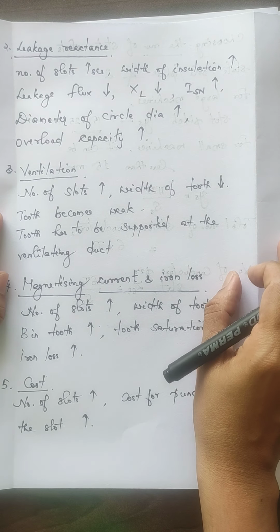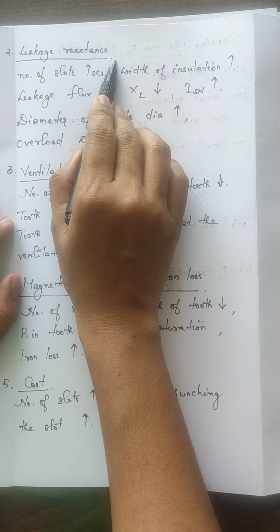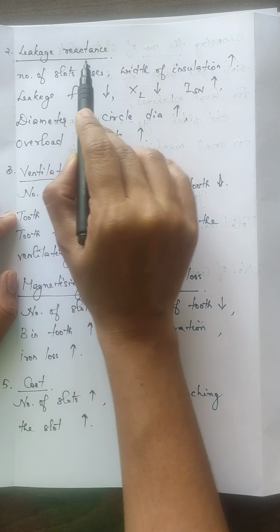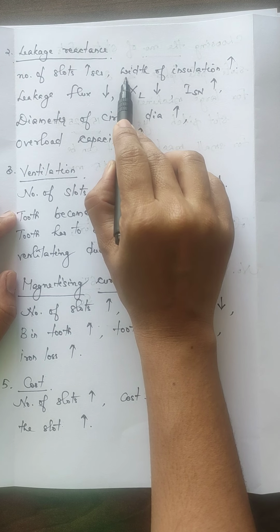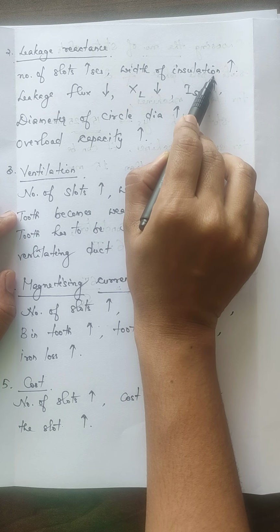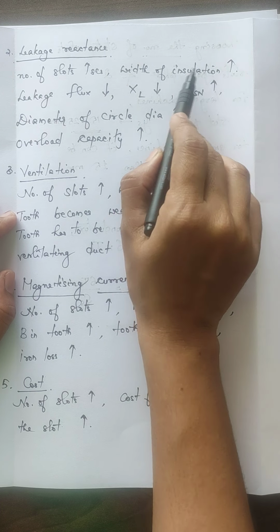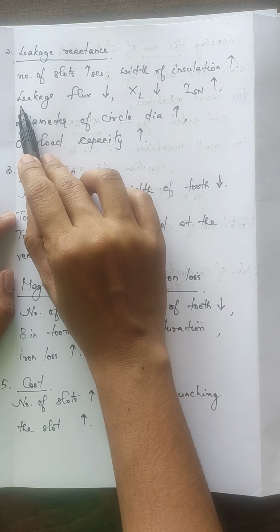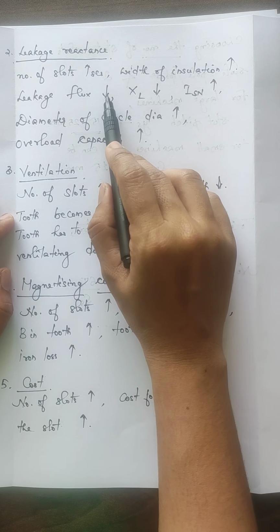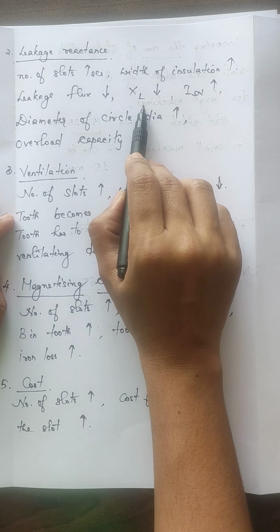The second point is leakage reactance. Suppose we are using a large number of slots, then we have to separately insulate each of the slots and hence the width of the insulation increases. If there is more insulation present in the machine, then leakage flux will decrease, and if leakage flux decreases, leakage reactance will decrease.